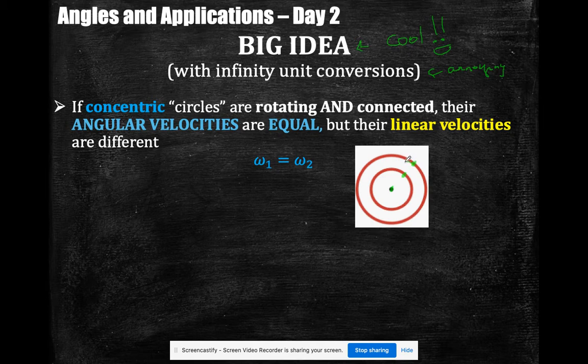If you start these circles spinning, and this point just spins upon itself, you are traveling with the same angular speed. And that means per time, you travel through the same angle.